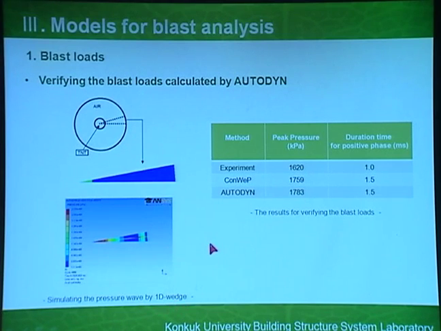We tested lots of analyses and calibrated the output of our study. We compared our result with the experiment and the result from CONWEP. CONWEP is an empirical equation from a lot of experiments. So we confirmed that our result is good enough to predict the actual blast load.